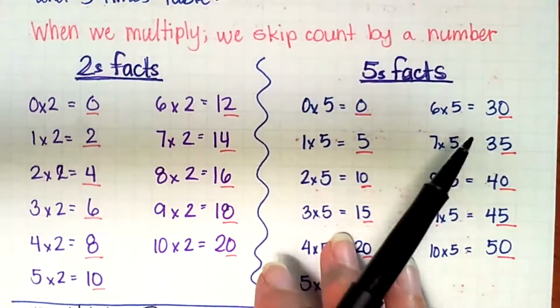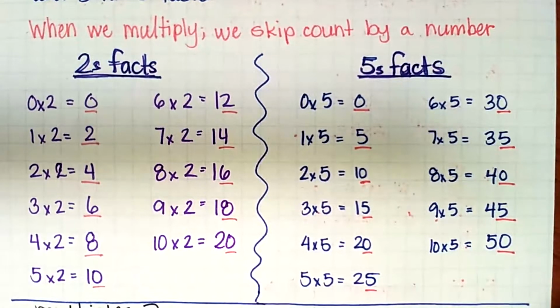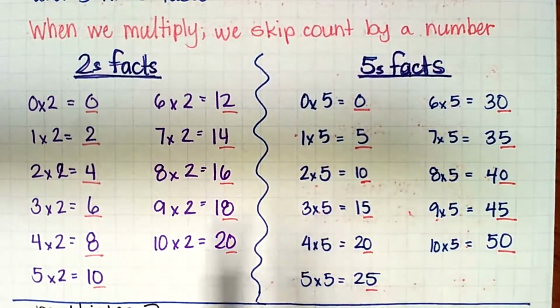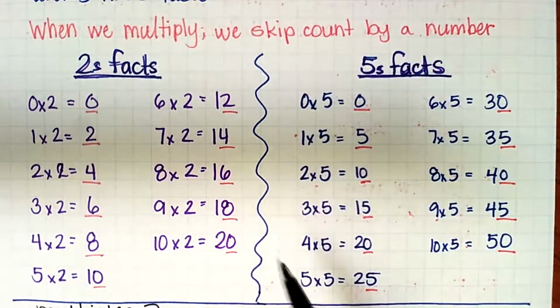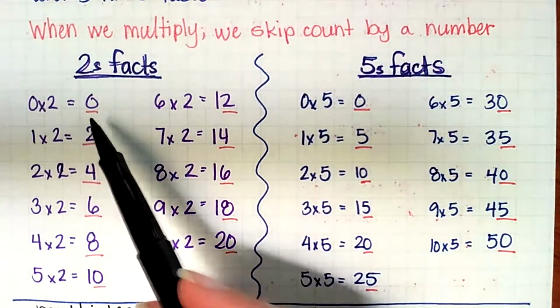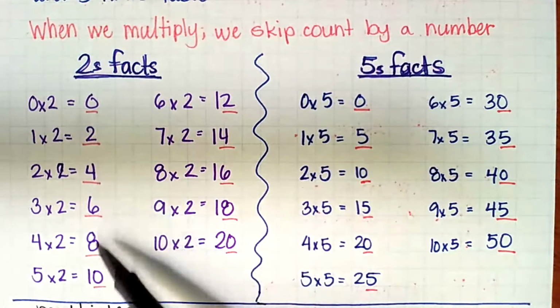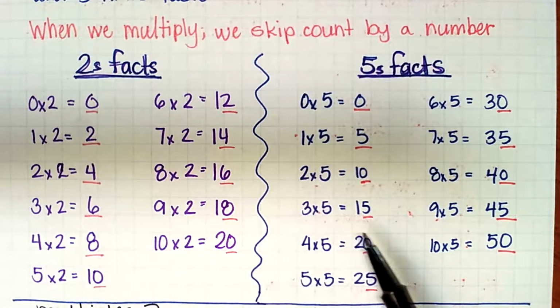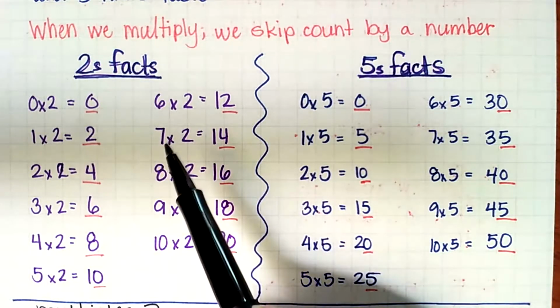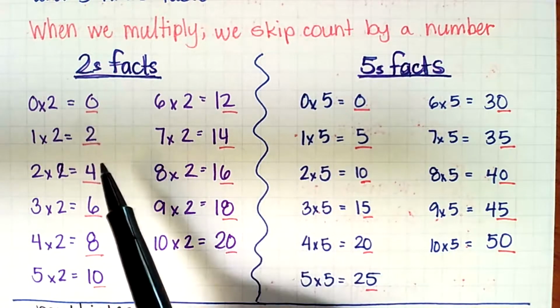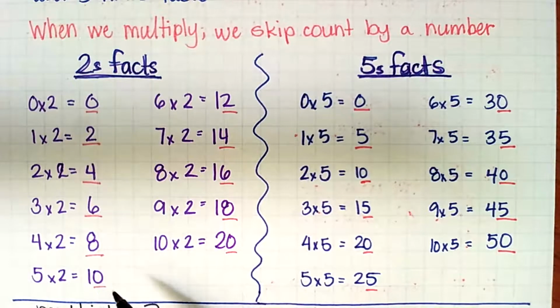So when we multiply, we're going to skip count by a number. So I put all of my 2's facts over here and my 5's facts over here. 0 times 2 is 0. 1 times 2 is 2, 4, 6, 8, 10, and so on. Now, what you notice about the numbers, I underlined the ones place in my 2 times table.